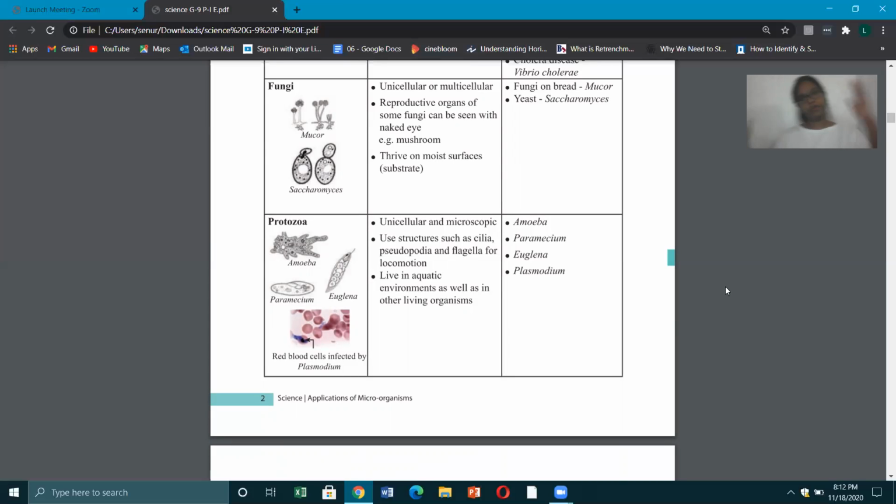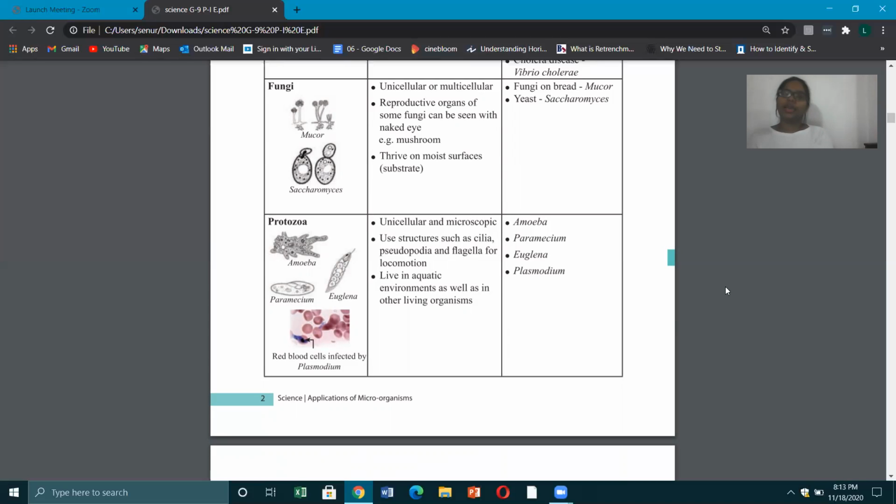Now my hands are moving, my head is moving. That is moving. Locomotion is you changing the place. I'm walking from here to there. That is locomotion. So how do we as humans locomote? We use our legs. We walk, and that's how locomotion happens.